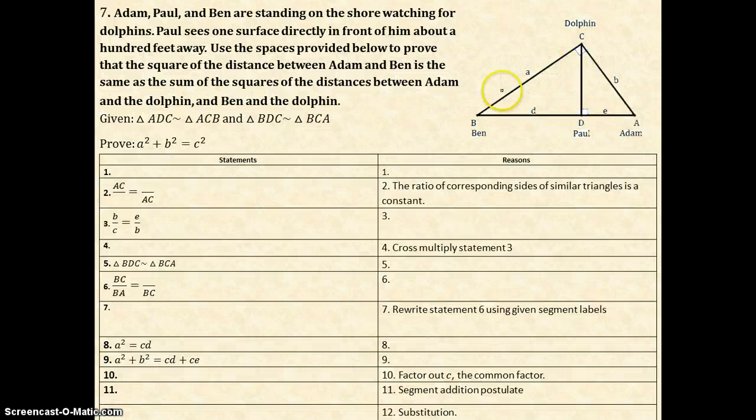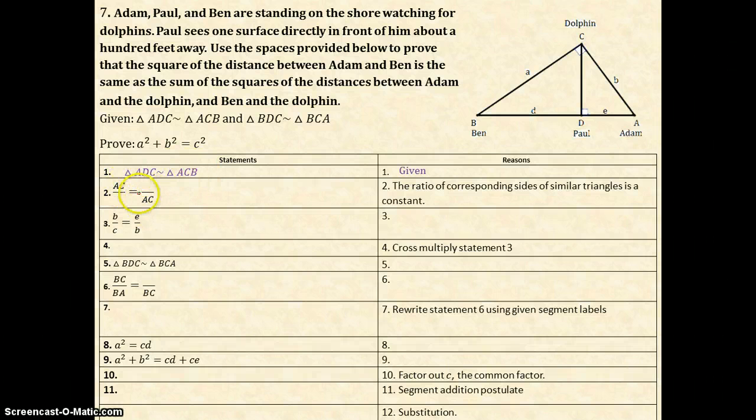So the medium-sized one is also similar to the big one. So they're all similar to each other. And what is always the first statement? It is always part of, if not the entire, given statement. Given triangle ADC is similar to triangle ACB.